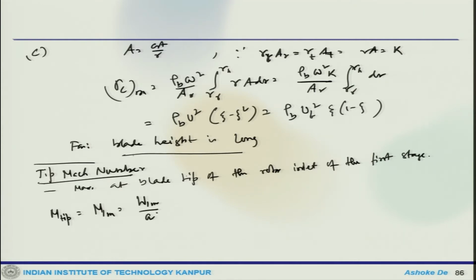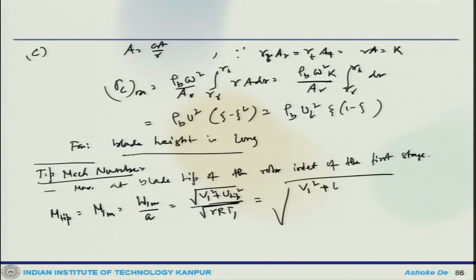by a, which is square root of V1 square plus U tip square by gamma R T1, which one can write as V1 square plus U tip square by gamma R T01 minus V1 square by 2 Cp.